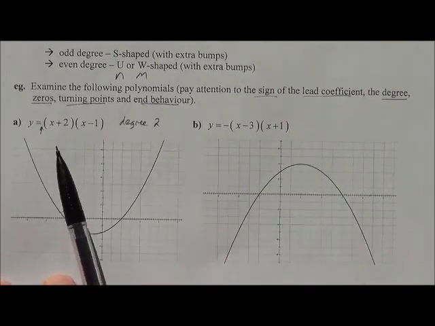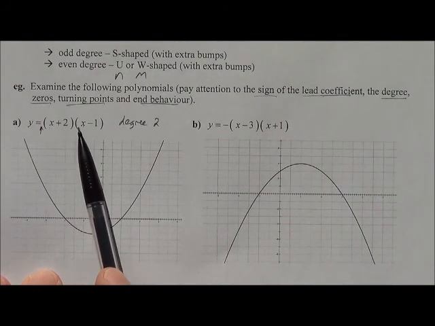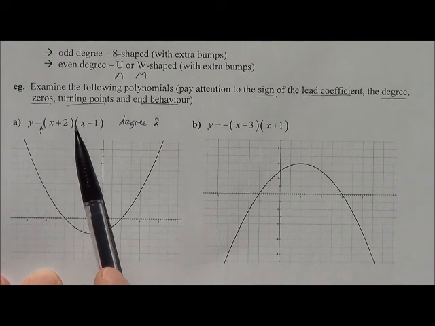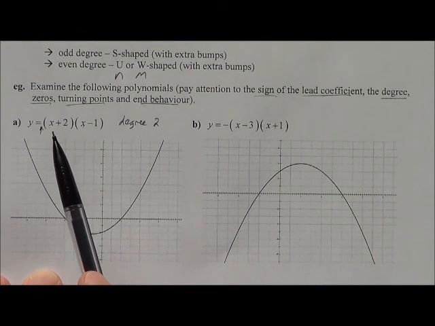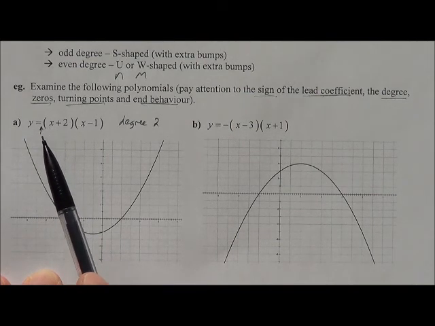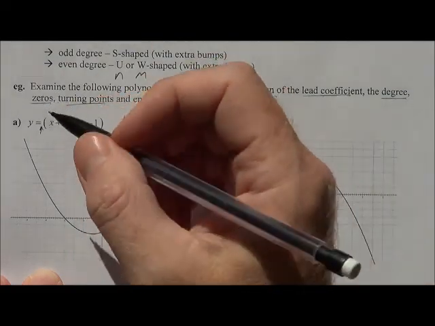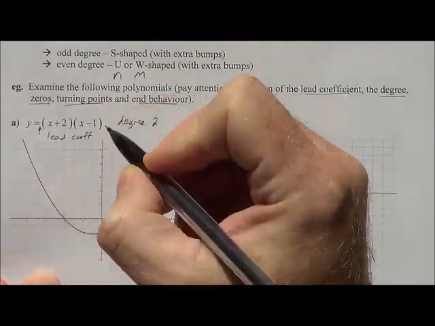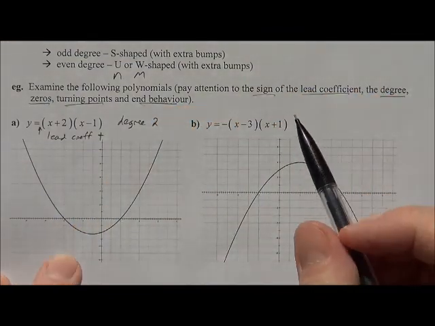We've got x plus 2 times x minus 1. If we expand that out, we get x squared plus x minus 2. That x squared is the highest power, and the coefficient in front of it in this case is positive. So the lead coefficient is positive.